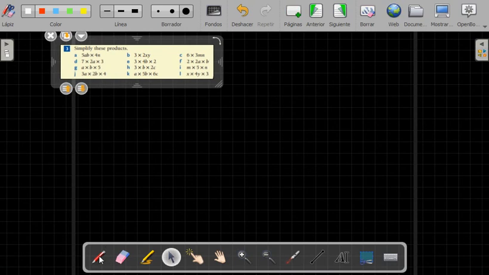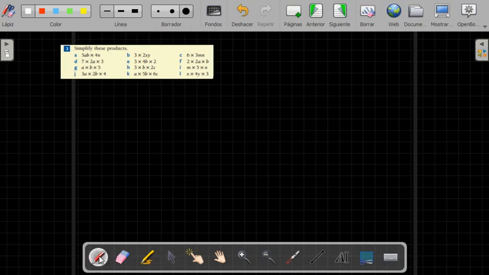And let's work with one of those. Let's start with a B. Exercise B, it says 3 multiplied by 2xy. That's the multiplication that we have to do. Very easy. You will see why.